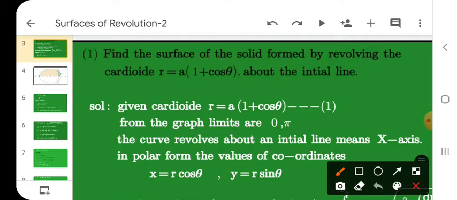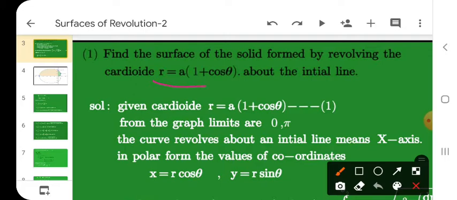Is the given equation in polar form, parametric form, y equals f of x form, or x equals f of y Cartesian form? First we check that. And does the curve revolve about the x-axis or y-axis? Next thing is the limit points. These 3 are the main points to find the surface of the given solid.